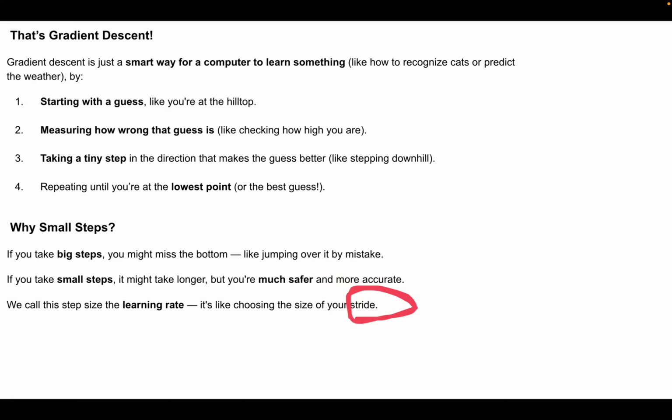The process might be slow but effective. If you take a bigger step, it can be faster, but then it'll be out of the lane and out of point.